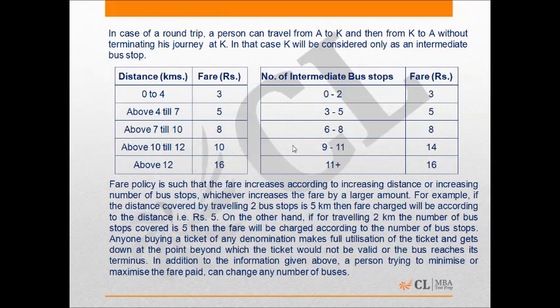In addition to the information given above, a person trying to minimize or maximize the fare paid can change any number of buses. It means we can get down wherever we want, irrespective of a terminus station or the value of the ticket.